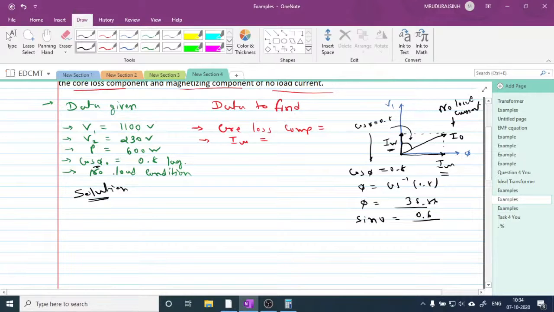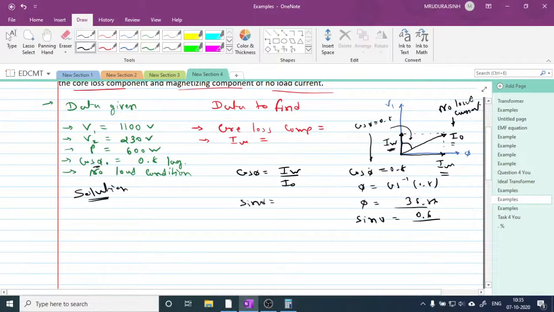Whatever data is given to us, from that we need to find IW. And how can we find IW? Let's write for the cosine angle: cos phi is basically IW divided by I0. And what would be the sin phi?